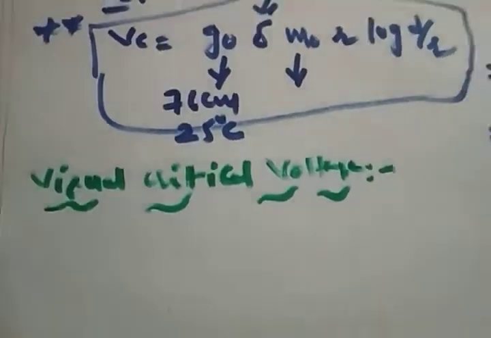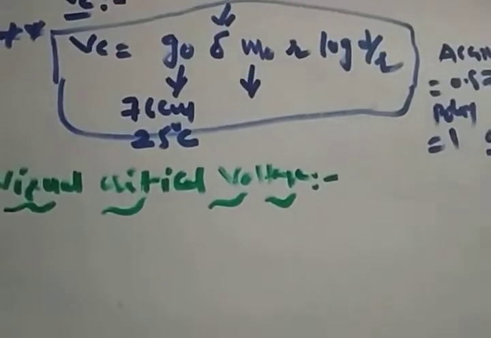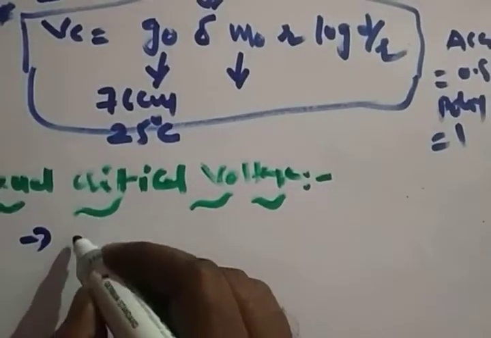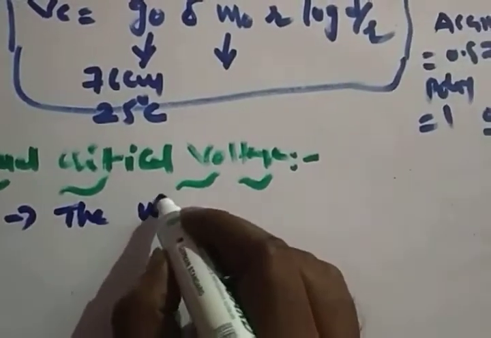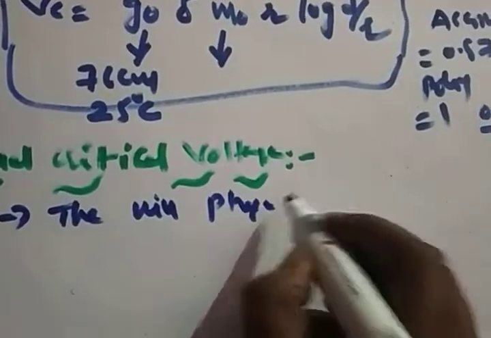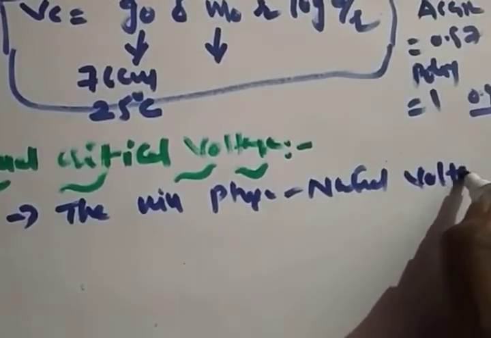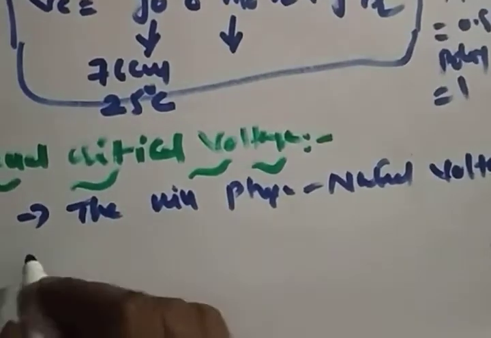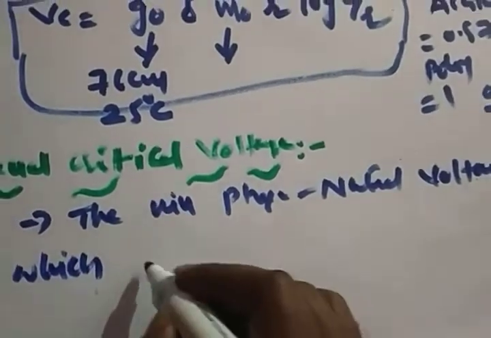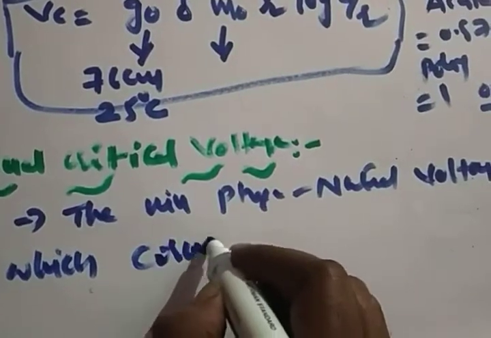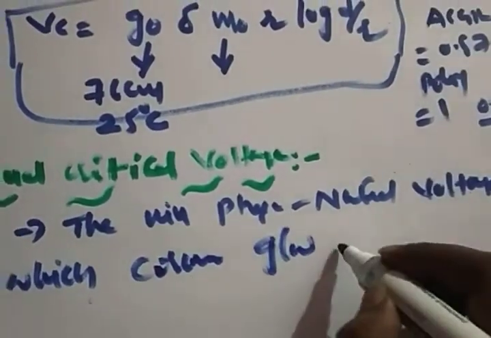So what is the visual critical voltage? The minimum phase to neutral voltage at which the corona glow will form.